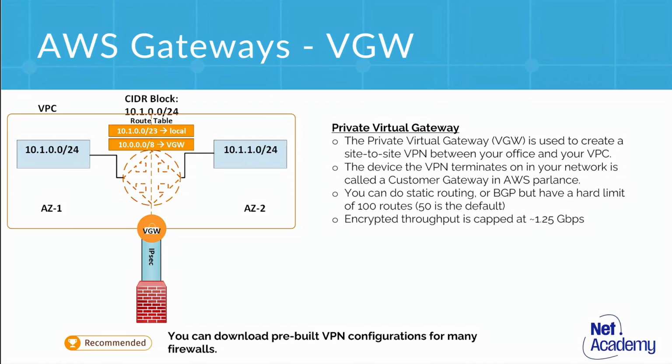You should also be aware that encrypted throughput is capped at approximately 1.25 gigabits per second. This is an AWS limitation. I think that's a rough estimate because I rarely see it go above 1 gig. If we idealize our packets, maybe we get that 1.25, or perhaps I haven't really done a ton of testing, but I've done a few iPerf tests.